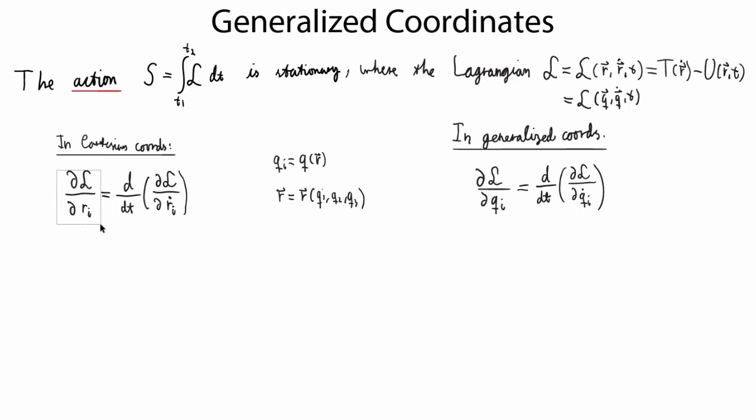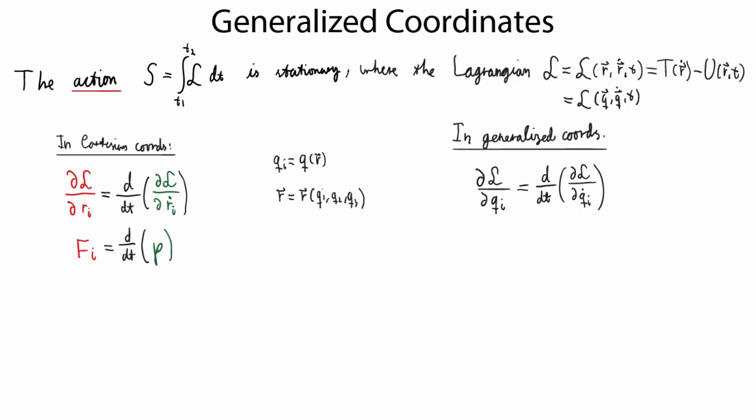Physically, I should say that this term here, the derivative of the Lagrangian with respect to position, has the interpretation of force. And this derivative here has the interpretation of momentum.